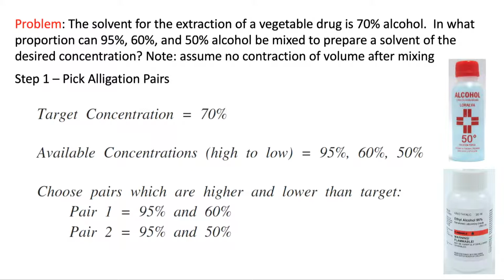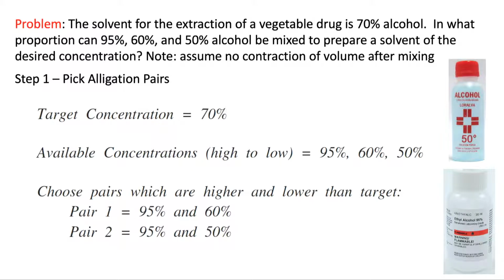I then suggest writing out or ranking your available ingredients from the highest concentration to the lowest. So we have a 95%, a 60%, and a 50% available. The reason that's important is we have to make our alligation pair such that one concentration is always higher than our target and one is lower than our target.